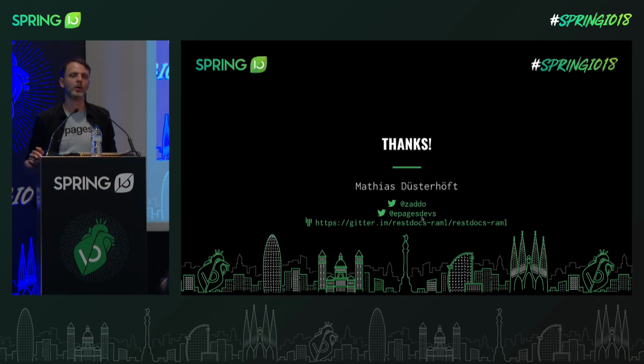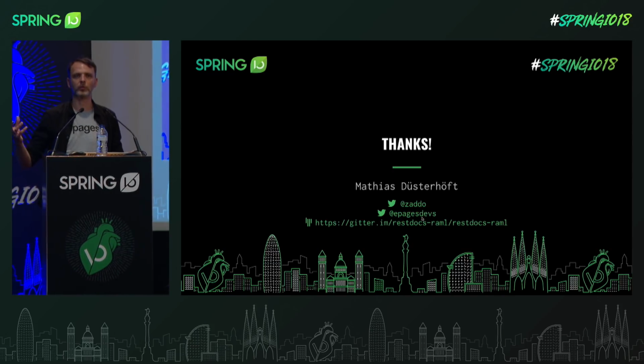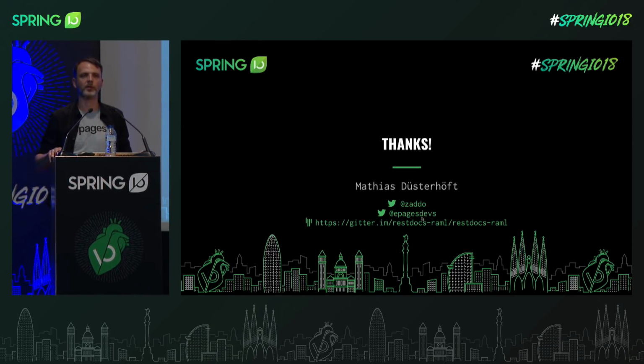So our plan is to have this as handwritten documentation, and this handwritten documentation could then point you to the API reference part where you have the Spring REST Docs documentation or something that you generated out of your RAML file and describe the resource in more detail. I can't think of a way to automate that.